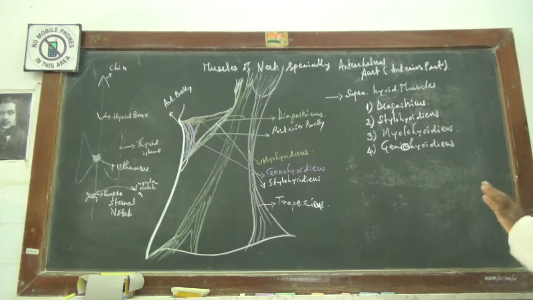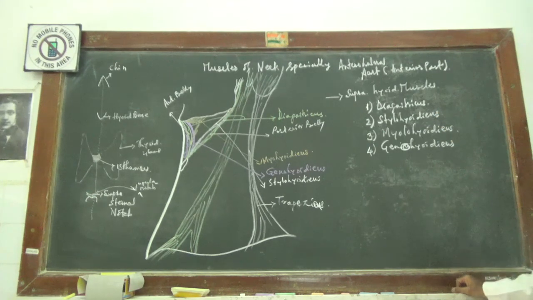So with all other things in mind, we will go for digastricus. As the name itself suggests, it belongs to the suprahyoid series. You can say digastricus muscle.